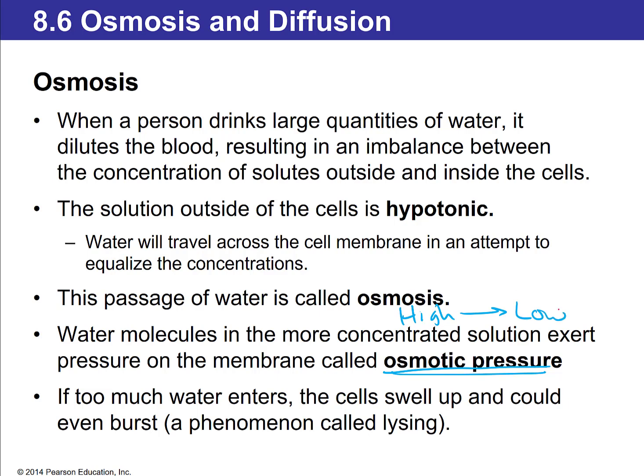So that is the pull of fluids, and it's always from areas where there's less solutes to more solutes. The way most people think about it is that water is always moving towards the area of higher salt.